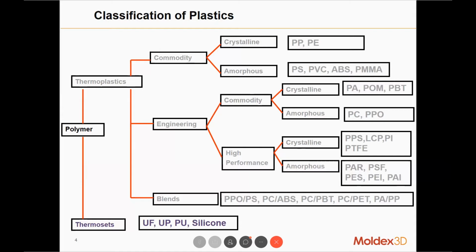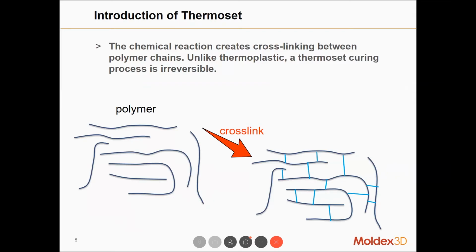And the main difference between thermoplastic and thermoset materials is that for thermoset, a chemical reaction will take place which will create a crosslink between the polymer chains, as you can see on the bottom right.